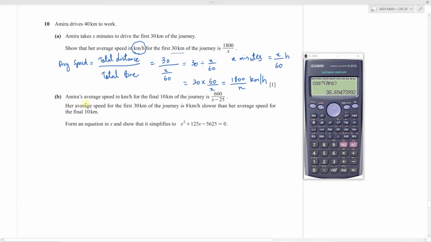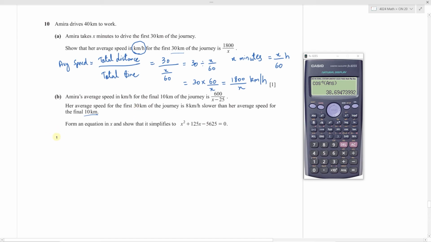Part B is Amira's average speed in kilometers per hour for the final 10 kilometers of the journey is this. Her average speed for the first 30 kilometers of the journey is 8 kilometers per hour slower than her average speed for the final 10 kilometers. Form an equation in X and show that it simplifies to this. So you're comparing the average speed for the final 10 kilometers with her average speed for the first 30 kilometers.